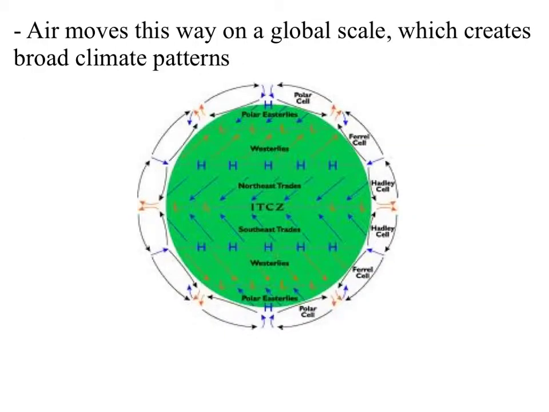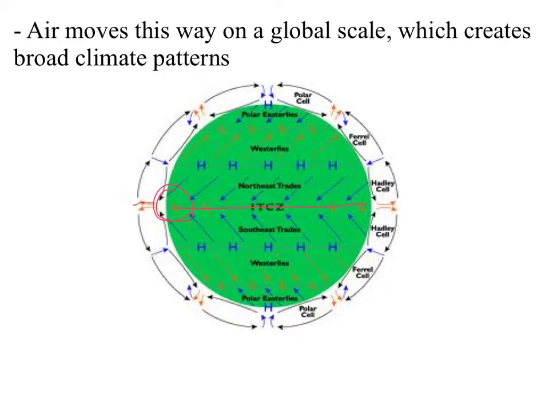We can look at the way that air does this globally speaking. Here's a slightly blurry example of the Earth. And you can see that there are ongoing patterns of airflow around the globe. For instance, let's say if this is our equator, the equator gets a lot of sun, so the air there becomes very hot.